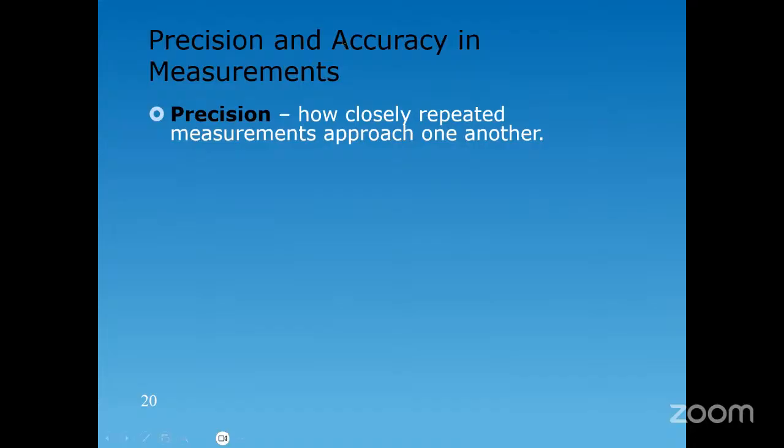So what do we mean by the term precision? Well, precision basically refers to how closely repeated measurements approach one another, all right? So just to give an example, let's say I gave you guys the task of measuring the length of your desk, right?